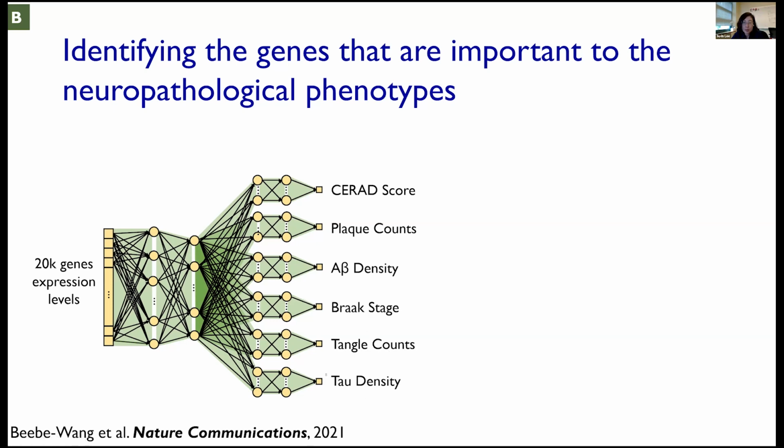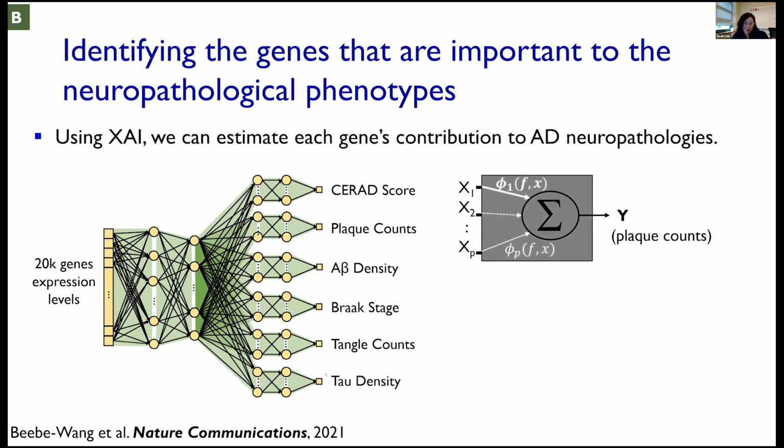We showed that this neural network predicts these neuropathological phenotypes more accurately than univariate or linear models, but then interpretability is an issue. Now with SHAP, we don't have to worry about that. We can compute individual genes' contribution to each neuropathological phenotype through this complex black box model.